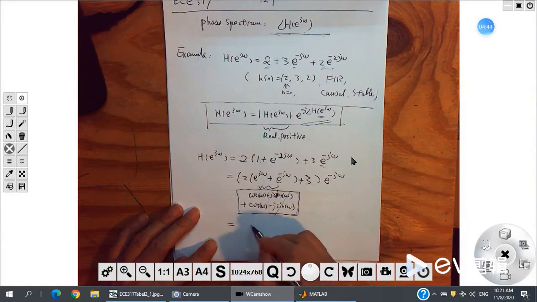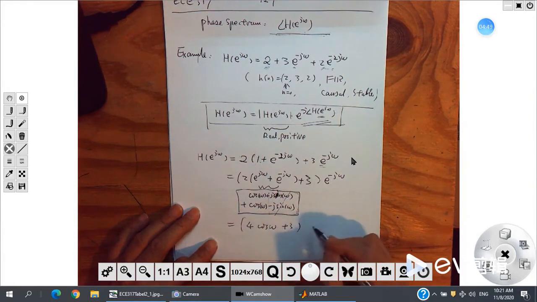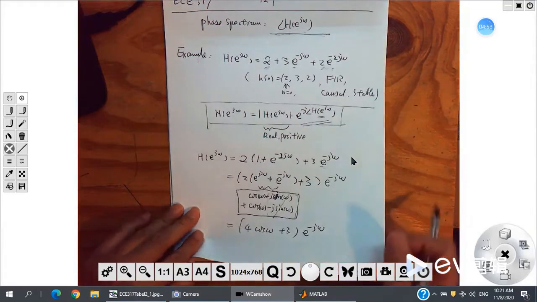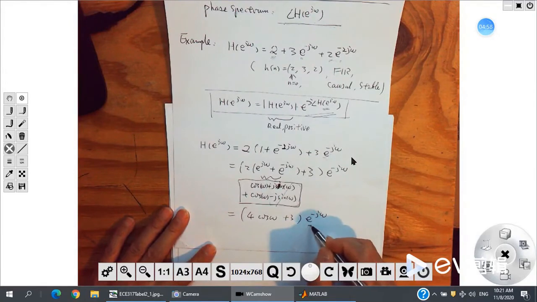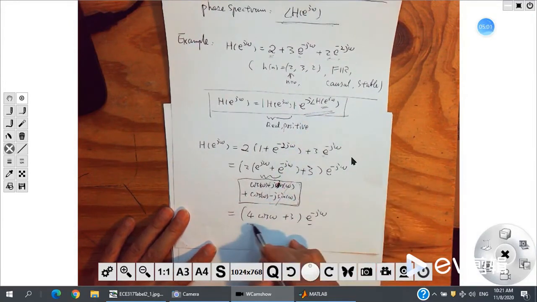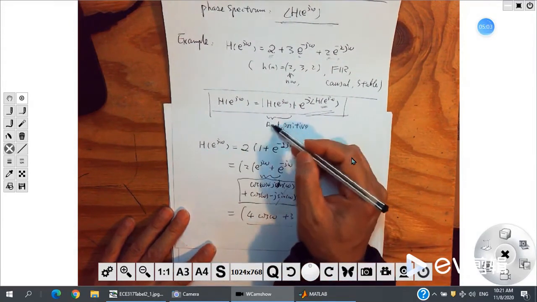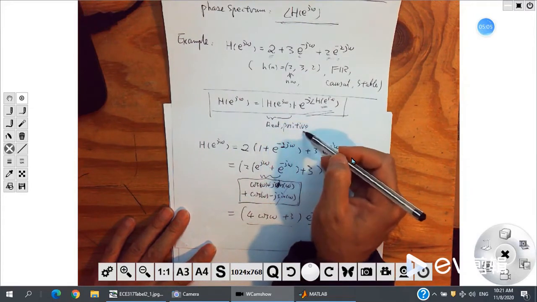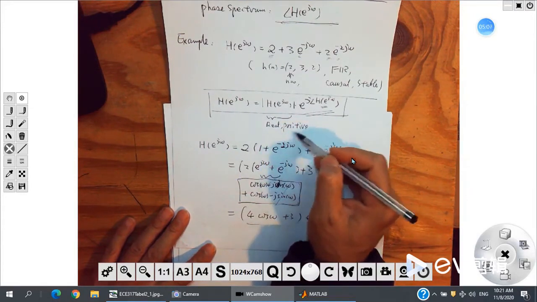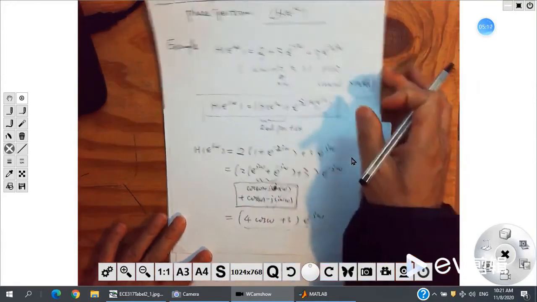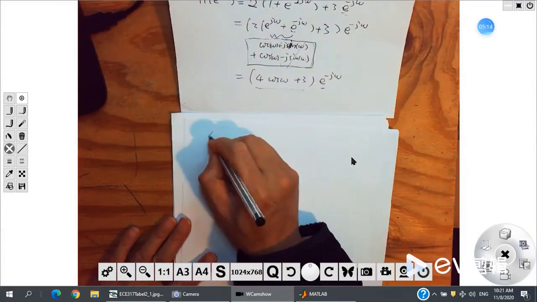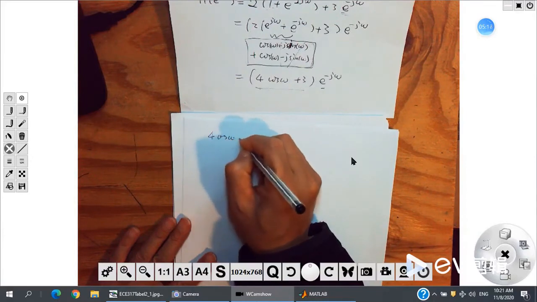So finally I have (4 cosine ω plus 3) times e^(-jω). Almost done. This part is real, but we want it positive, right? So we need to do more work. We want it positive. Whether this is positive, we can have a look: 4 cosine ω plus 3.